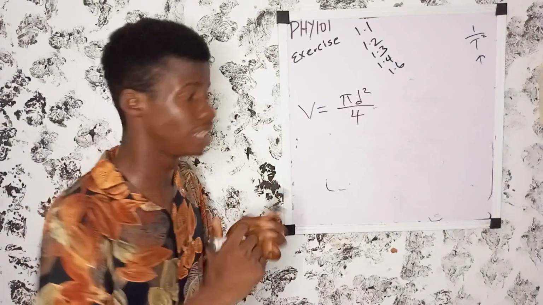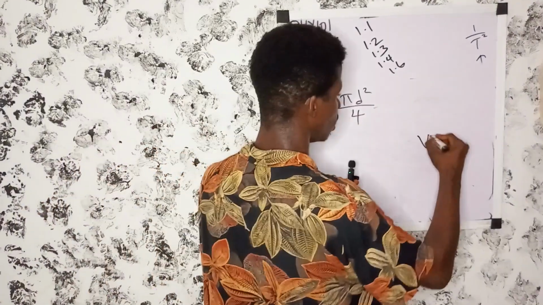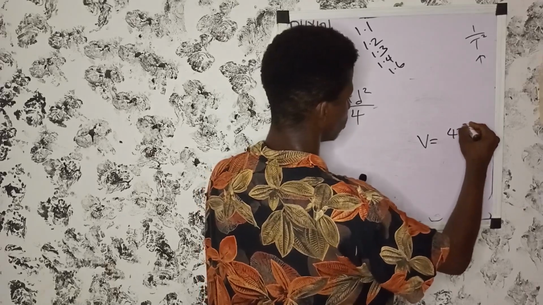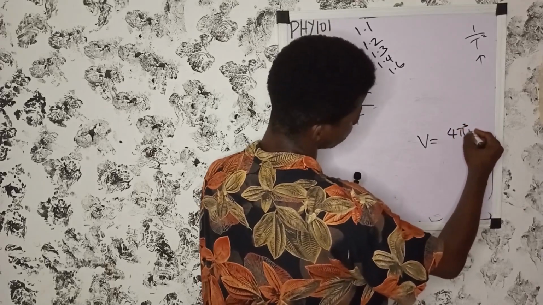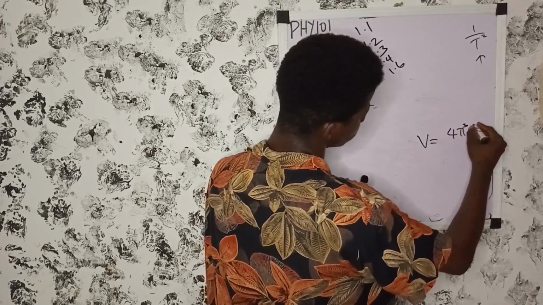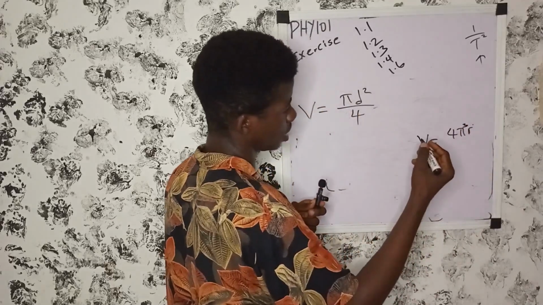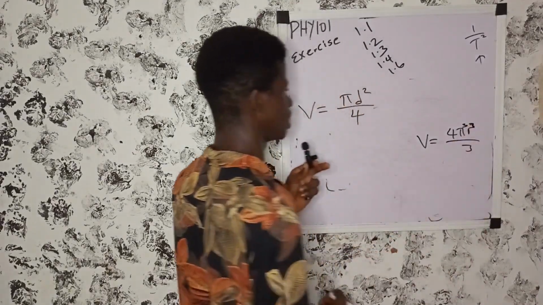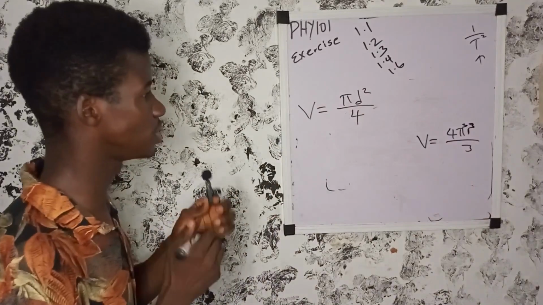Now, normally the volume of a sphere is 4 pi r cube all over 3, if I'm not mistaken.